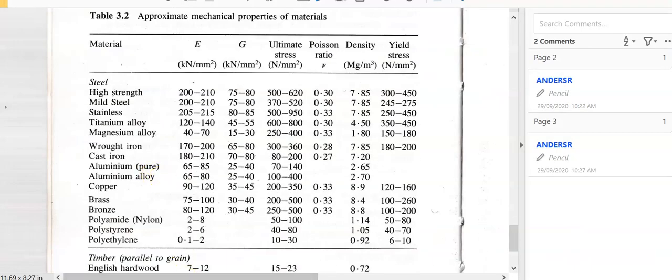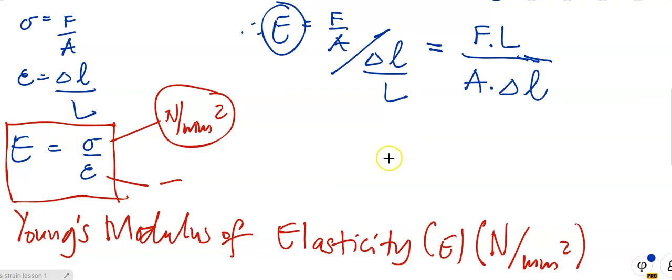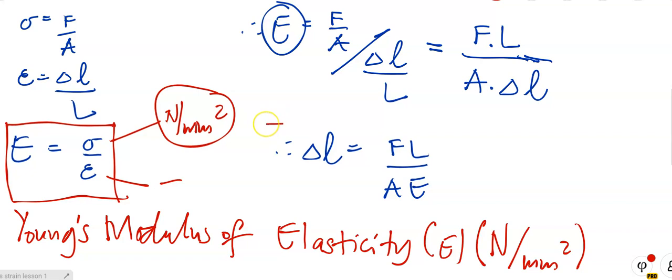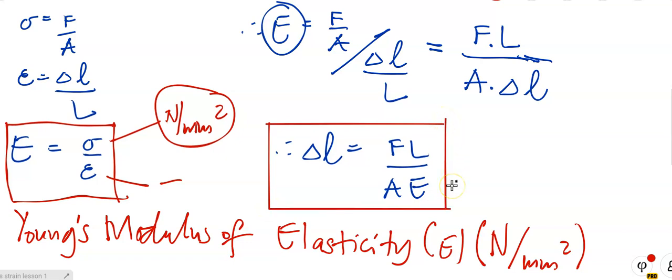So from this formula, the variable that we want to find is almost always going to be the changing length of the member. So, if we make the changing length of the member the subject of the formula, then delta L will be equal to F times L over the cross-section area times Young's modulus. And that's the fifth formula I want you to put on your brain and remember from this point onwards forever.